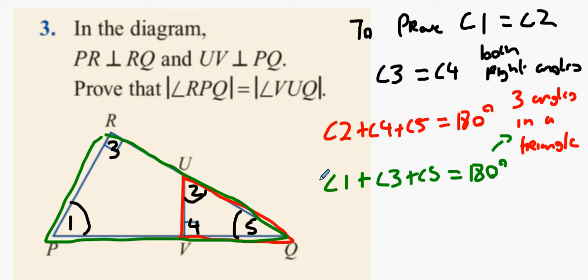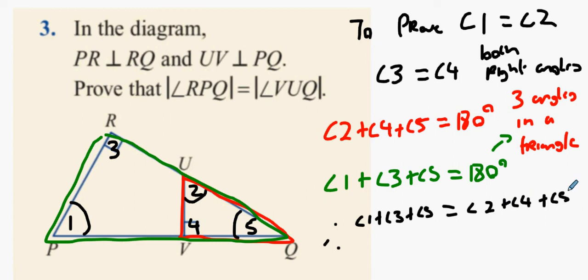Therefore, angle 1 plus angle 3 plus angle 5 equals angle 2 plus angle 4 plus angle 5. Now the angle 5's cancel, and we also know that angle 3 is equal to angle 4, so they cancel as well. So therefore angle 1 equals angle 2. And that is proven. Okay, so that was handy enough.